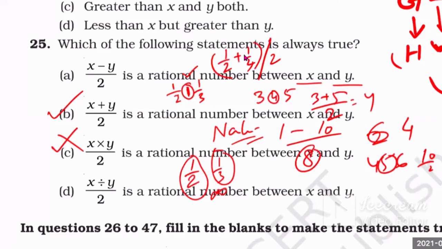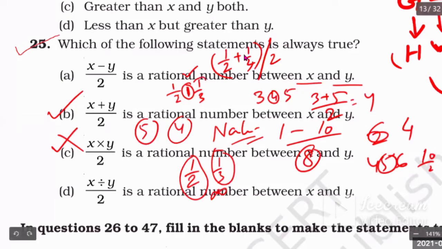Anyone? Five, sir? No. 4? No. In between 1 by 2 and 1 by 3, it will be a rational number.